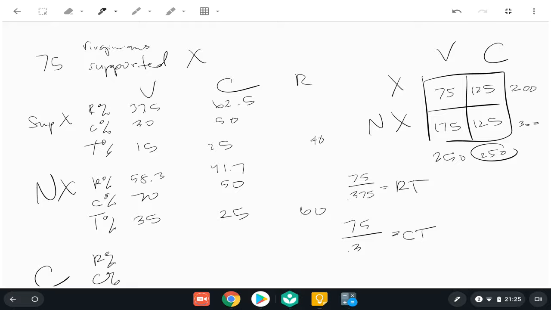Does the table show evidence of association? Okay, so association.